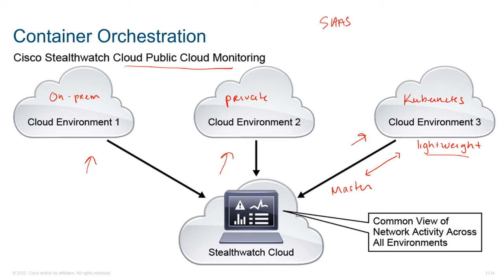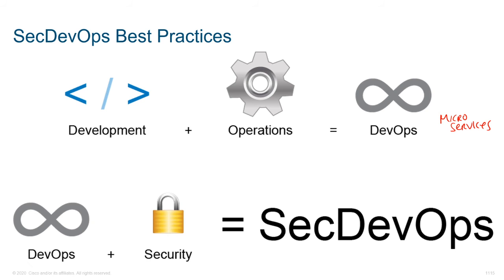All right, so it allows us to do this either container to container or pod to pod. So there are some examples of where we might be deploying this in the cloud.